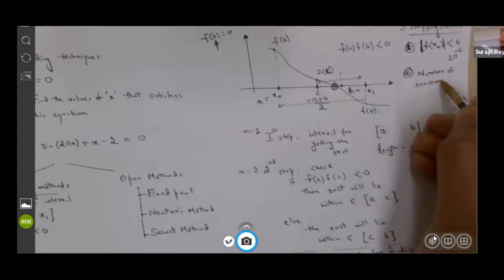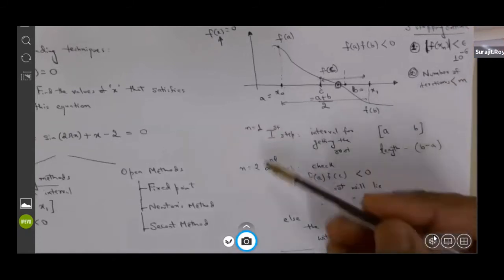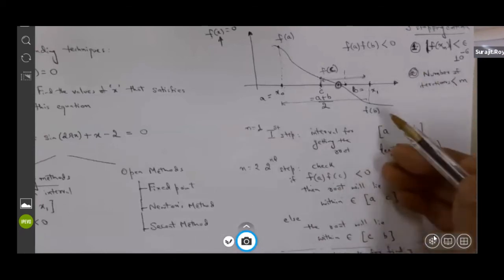You can basically say that the number of iterations should not exceed, let's say, 1,000. I have a condition that I don't want to continue beyond 1,000 steps. Whatever root I reach at the 1,000th step, I will take.